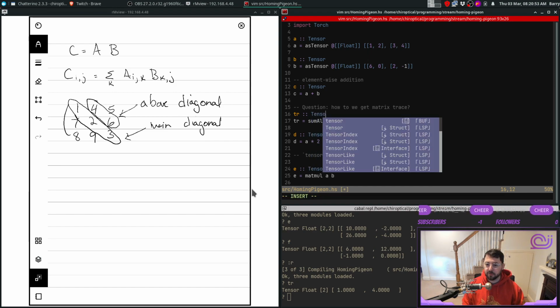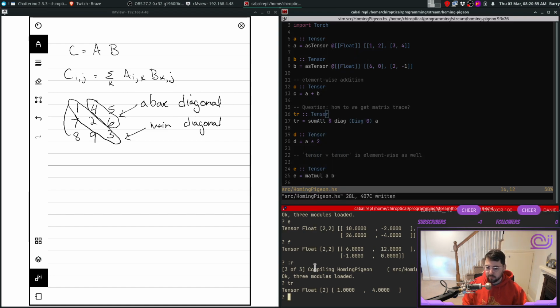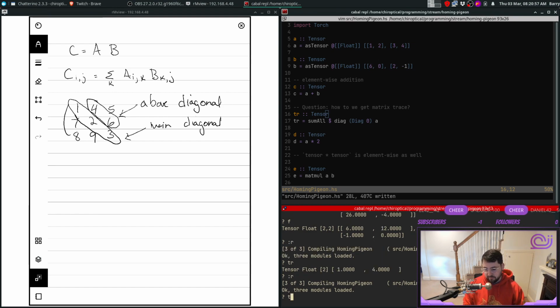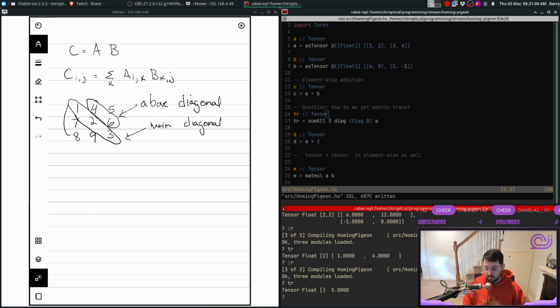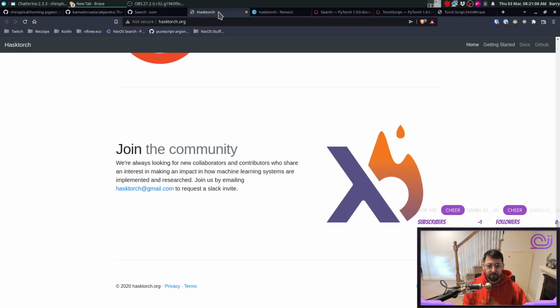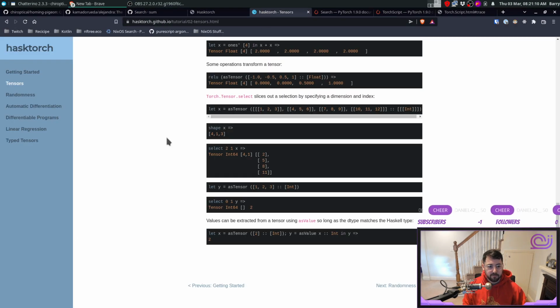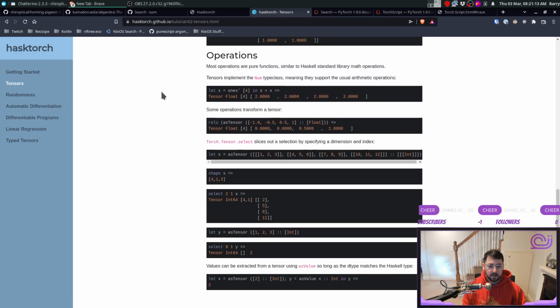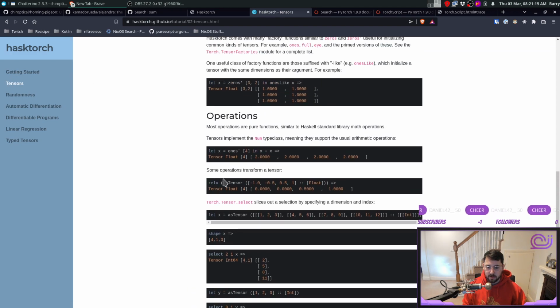Oh, so this produces a tensor. Let's see if this is the right thing. So it should be 5. And it is. One thing I want to know is how do I pull out a single value from this thing? How do I get the value back out as the thing that I want?